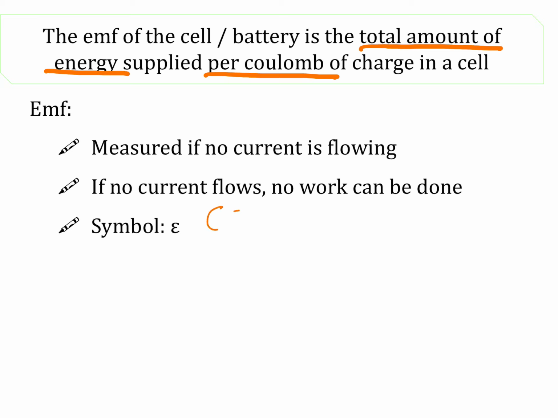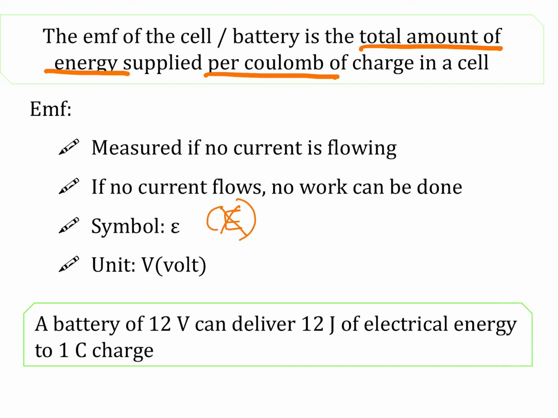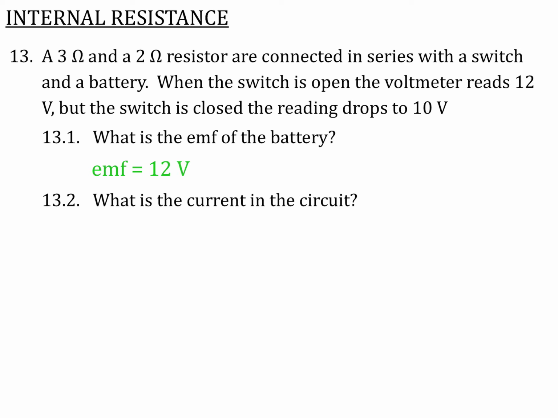Okay? You cannot write it like this. That means something totally different. So make note of that. Its unit is the volt, like any other potential difference. What does this mean? A battery of 12 volts can deliver 12 joules to 1 coulomb of charge. That's what the 12 volts means. Okay? Straightforward.